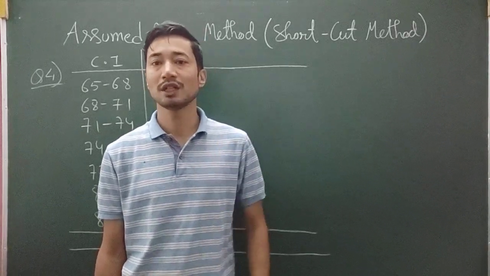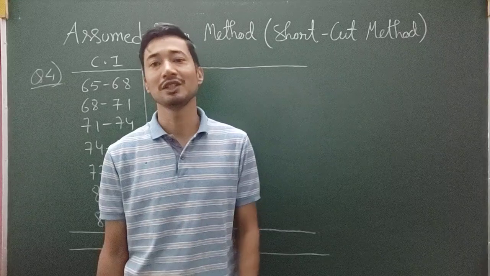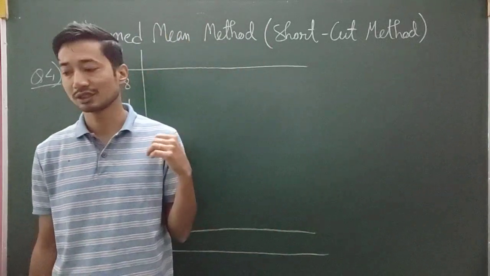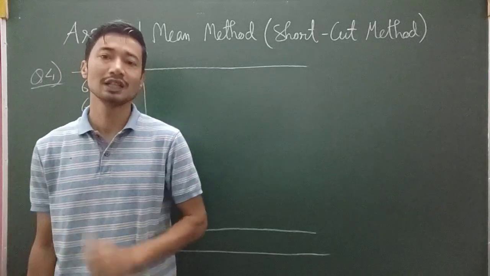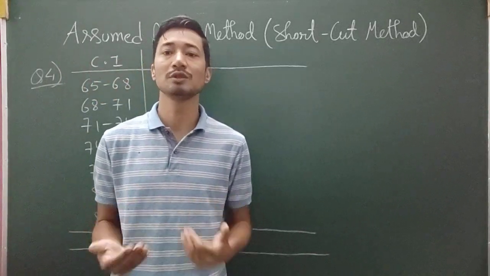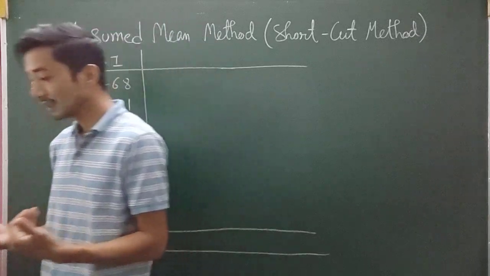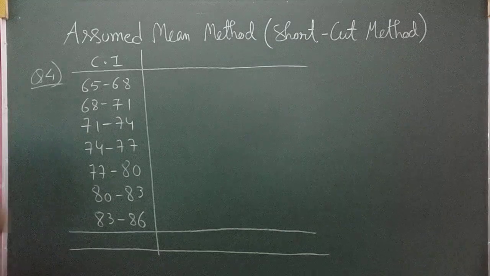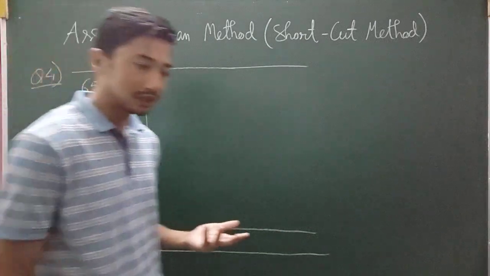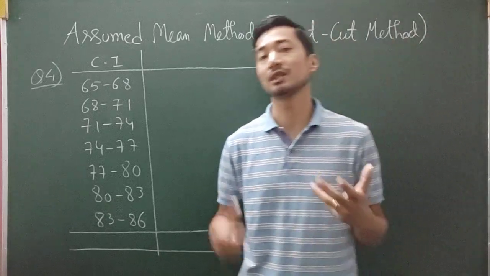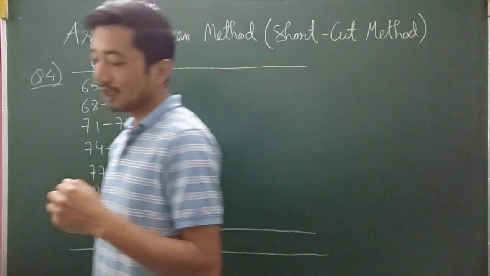So today we will assume that our population is of medium size, and along that line we will solve one or two questions and learn how to use the assumed mean method, because during the exams they might just tell you to do it by any method, so we have to be prepared with all of them. The same question can also be done by the direct method and the step deviation method.